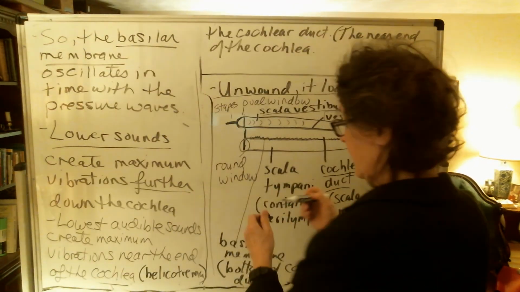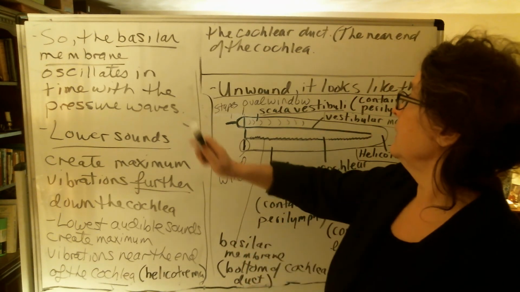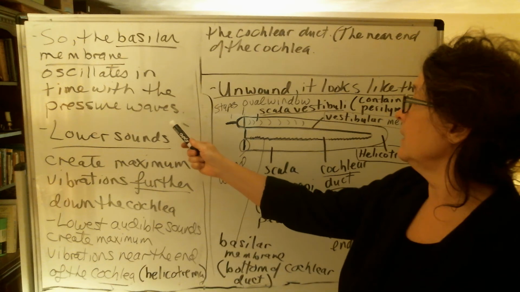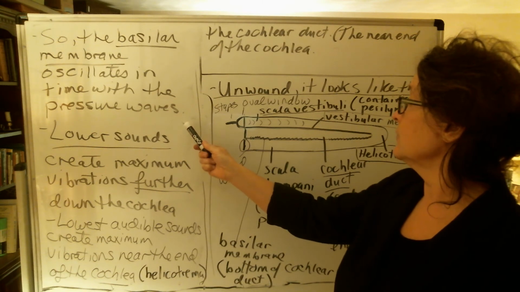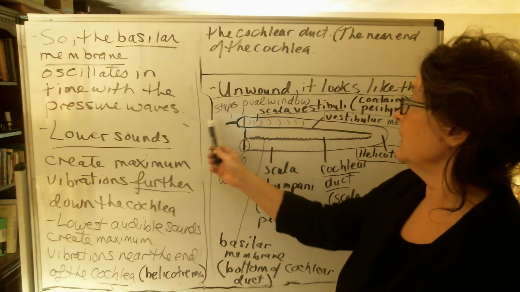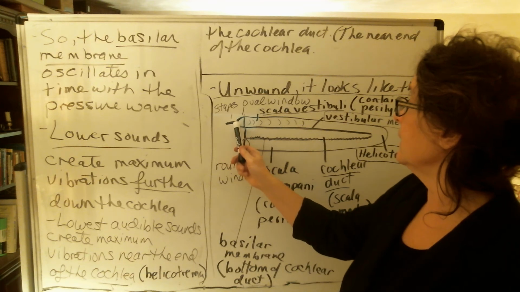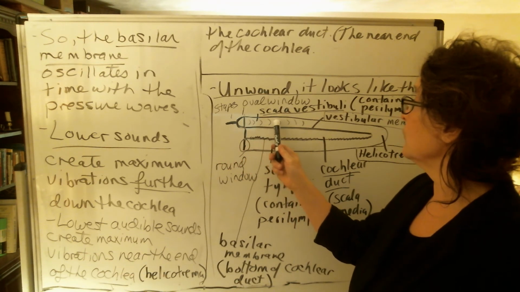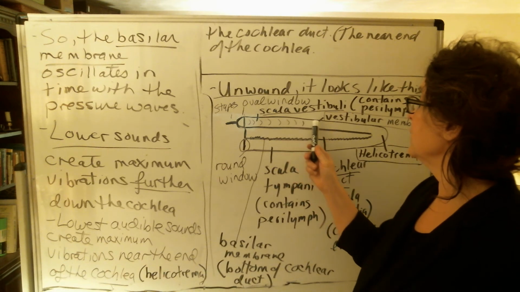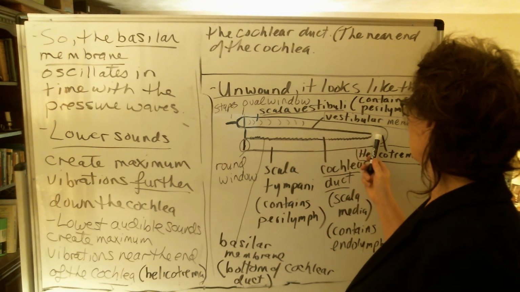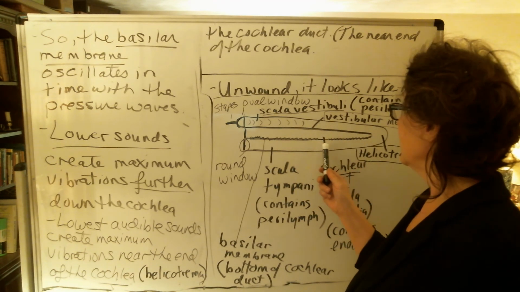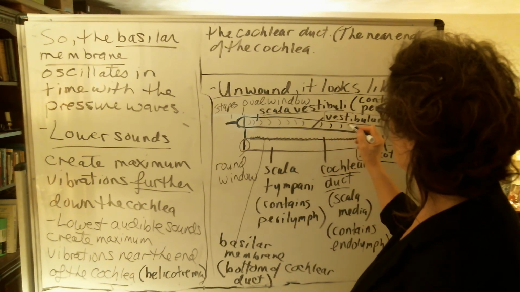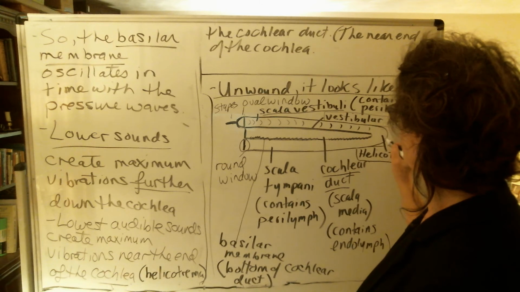So basically, you have the vibrations in the air that came from the pinna through the external auditory canal, through the ossicles in the middle ear, and then here's the last ossicle, and now it is being transferred to fluid vibrations along here, and the fluid vibrations carry on and make these membranes vibrate.